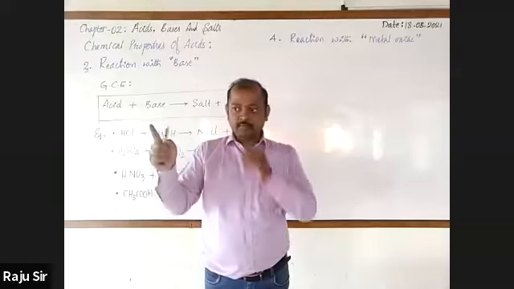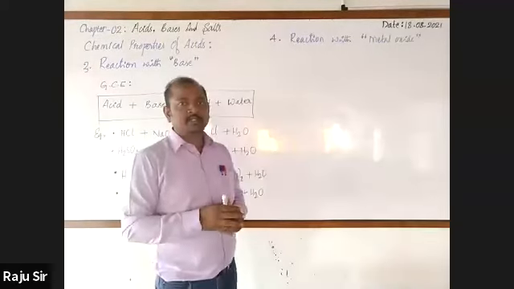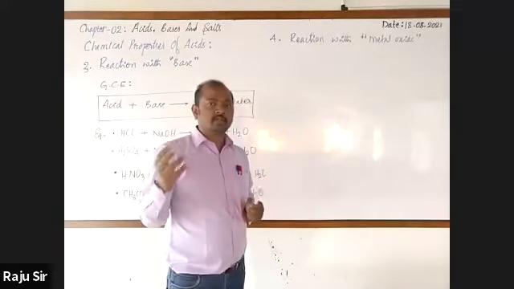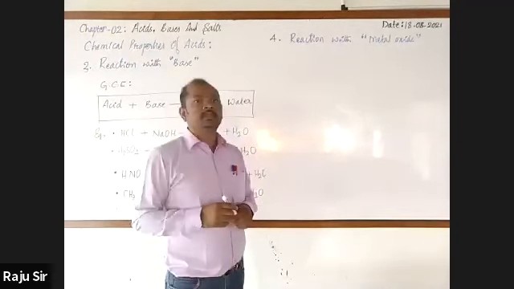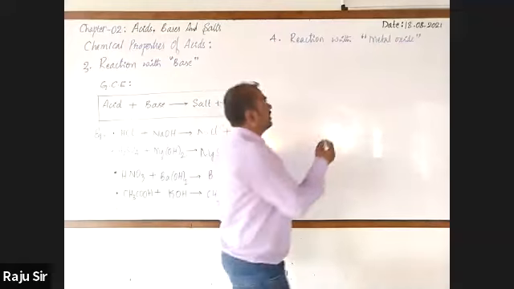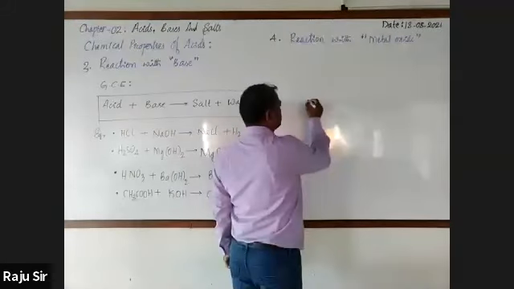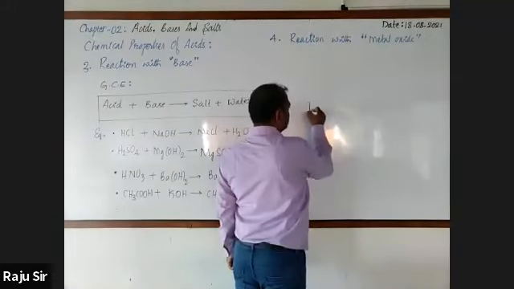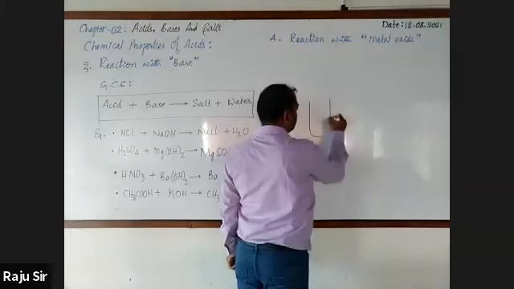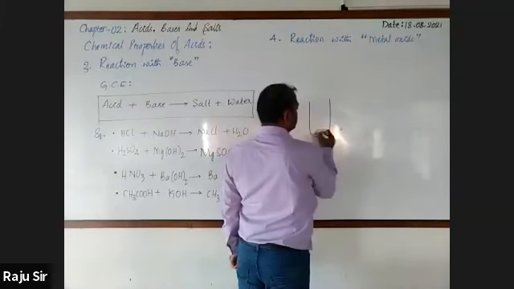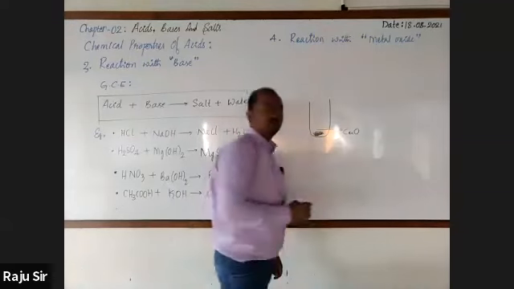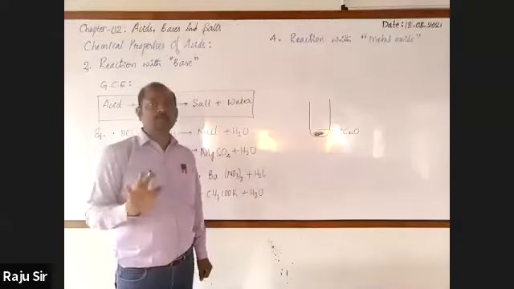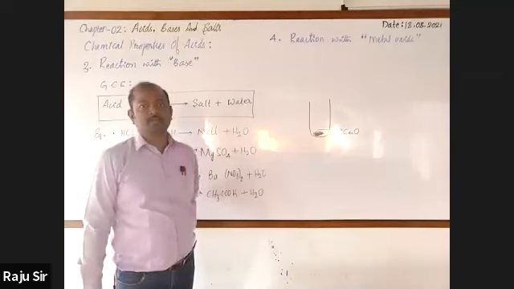Here, copper reacts with oxygen on strong heating to produce a black residue called copper oxide. I'll take one such copper oxide. Here it is. CuO, not Cu2O. CuO, copper oxide is taken.